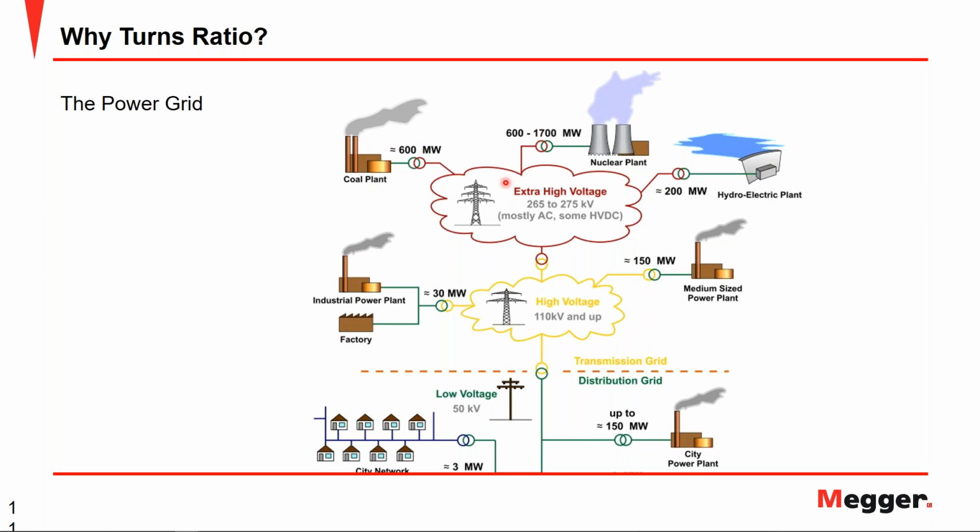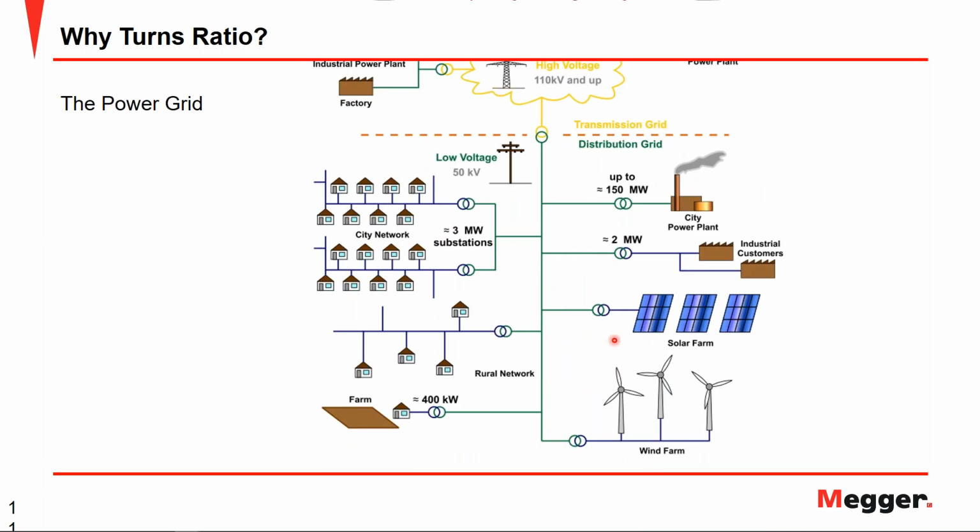Your power plants, your factories, and then once you get to the distribution grid, of course, you have transformers that take these to your city networks or that are coming from your solar farms and wind farms. So it's important to consider turns ratio testing based on the sheer number of transformers there are in the electrical system. Turns ratio testing is one of the simplest tests that you can perform to get a baseline level of functionality to confirm that your transformer is working.